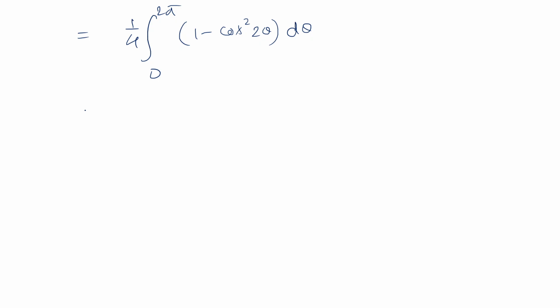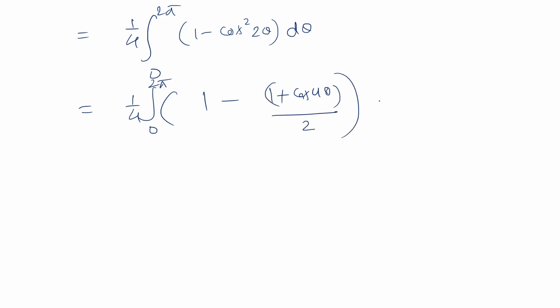So here 1 by 4, integral from 0 to 2π, 1 minus cos²2θ, which we will get as (1 plus cos 4θ) by 2, and dθ. Here the angle is doubled: earlier it was θ, now it is 2θ, so it doubles to 4θ.